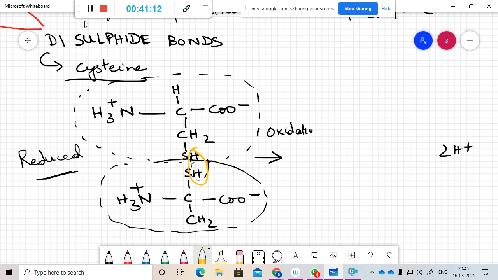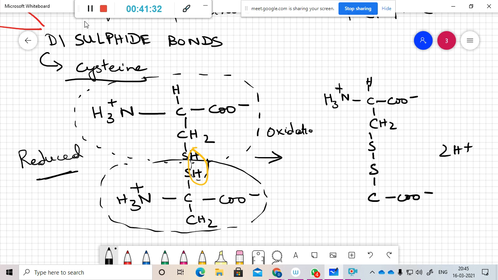They move away like this, and the result is that the sulfurs join like this. So it has become like this. This is a disulfide bond.